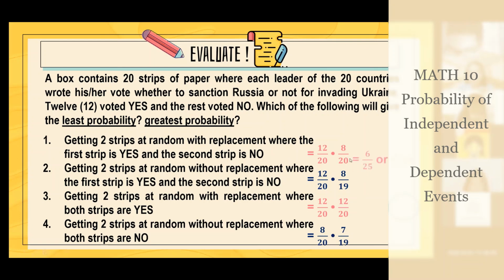And then multiply each and reduce to lowest term and then get the decimal. Number 1 is 0.24, number 2 is 0.25, number 3 is 0.36, and number 4 is 0.15. So the greatest probability is number 3 and the least is number 4.